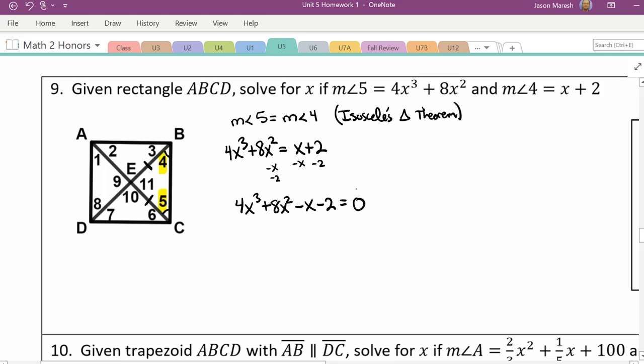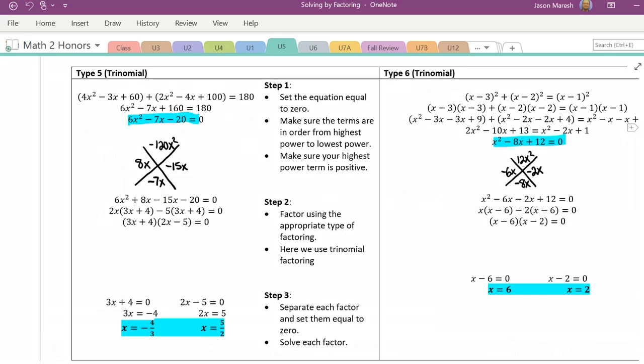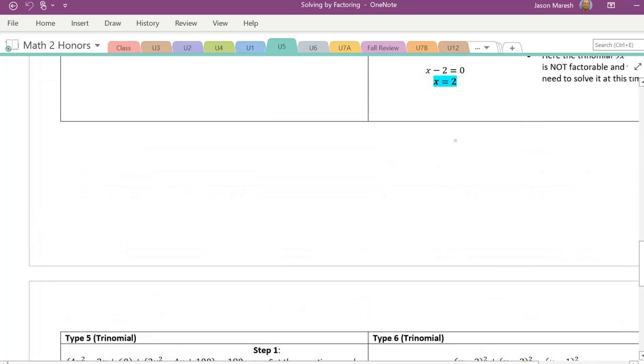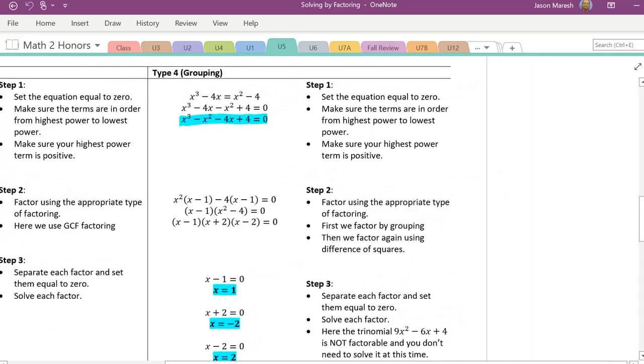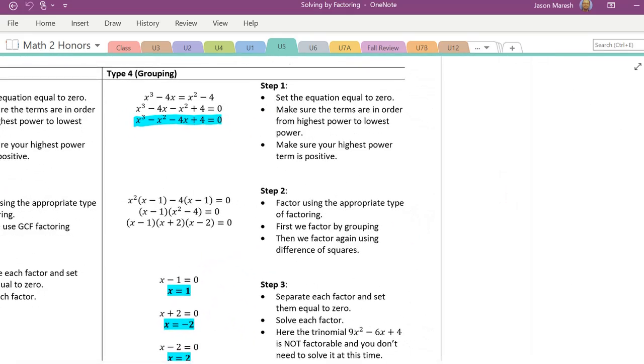And notice we have 4 terms equal to 0, so we're going to be using factoring by grouping, which is something you use when you have 4 terms. If you want to refer to one of the types that I gave you, factoring by grouping is outlined in type 4.